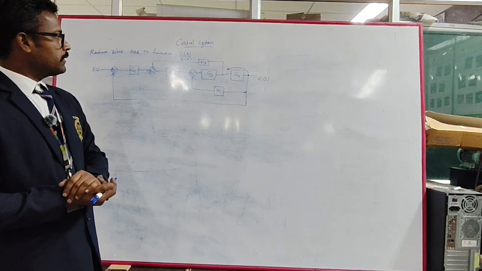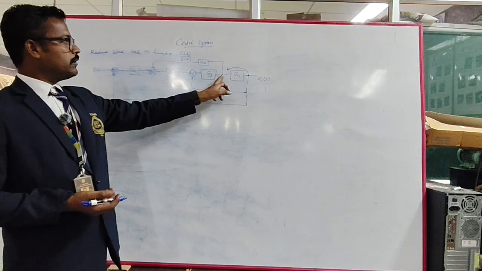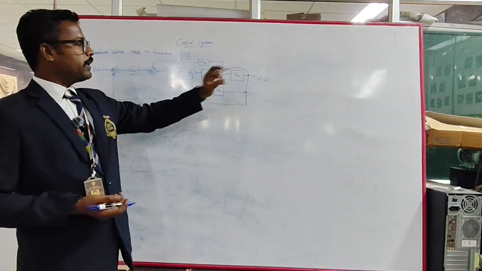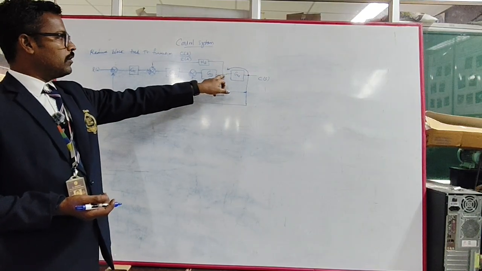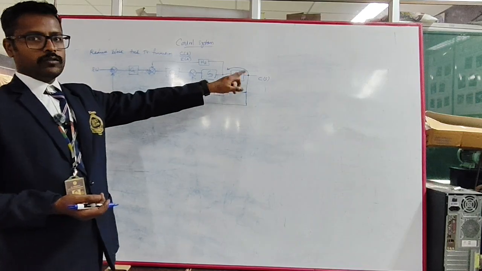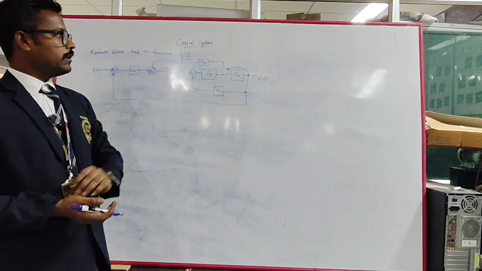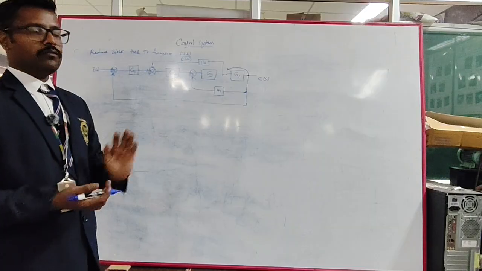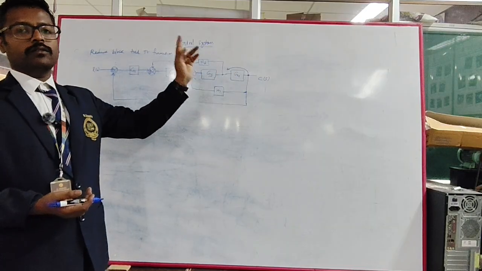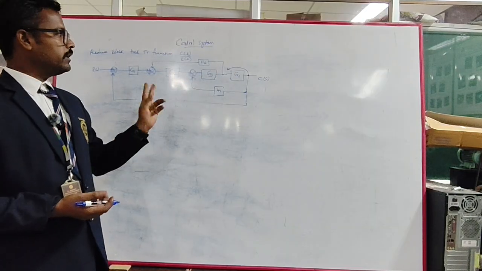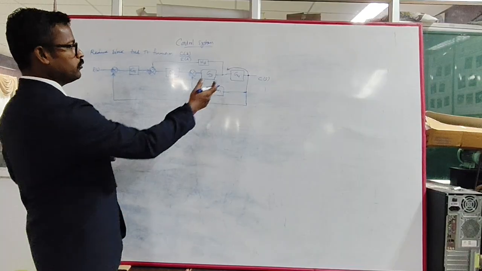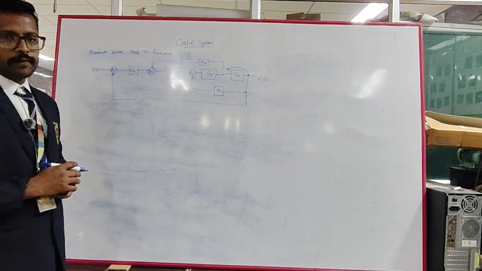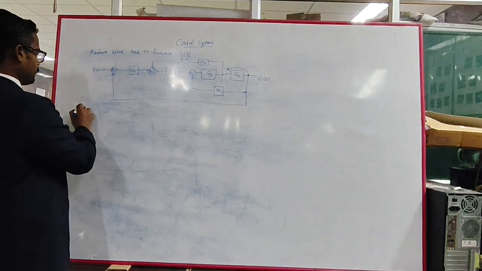While you are moving from this point to this point, here it is H2, and so we can divide it by G4. If it is ahead, we have to divide it by G4. You can do it either of the 2 ways. So we are just moving the branch point this side, before the block.